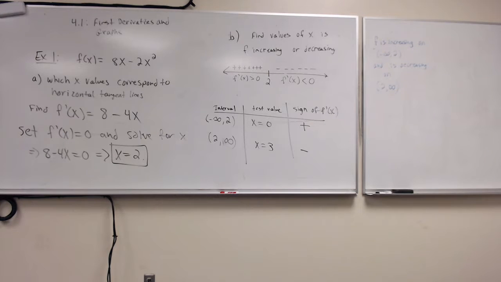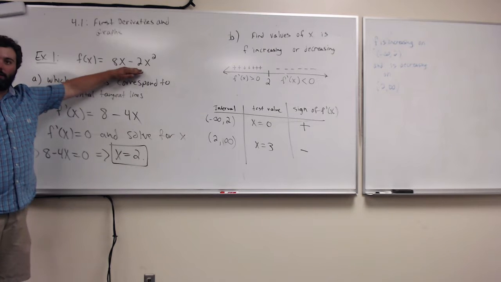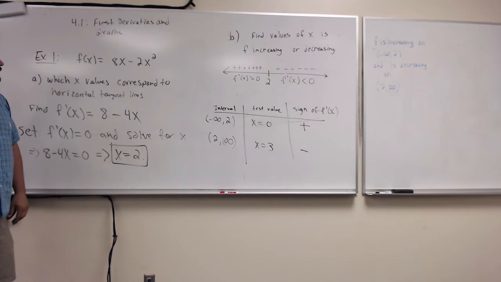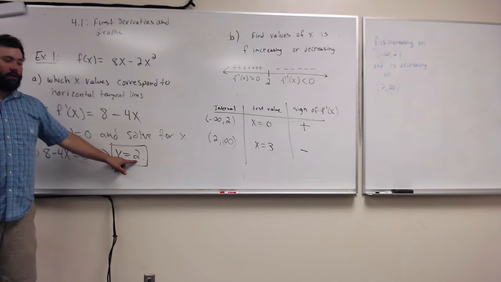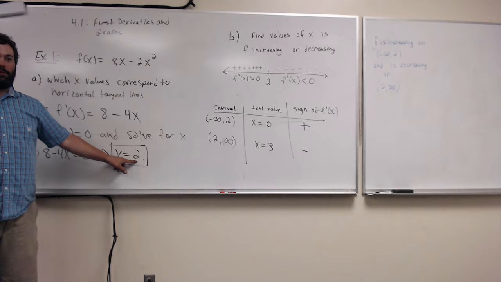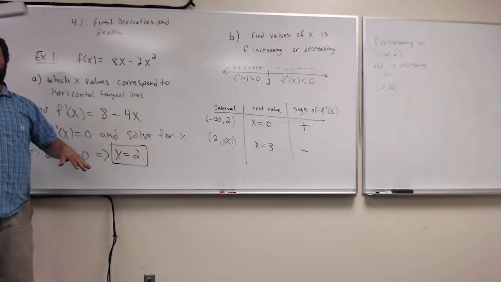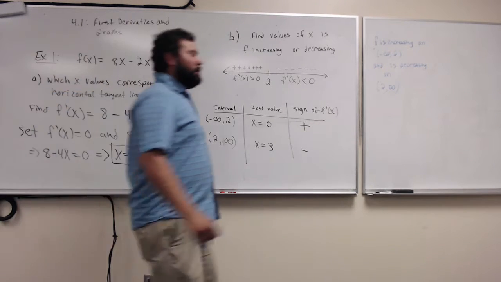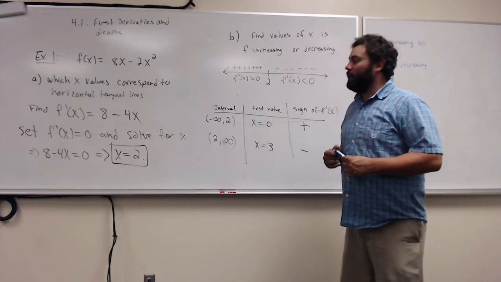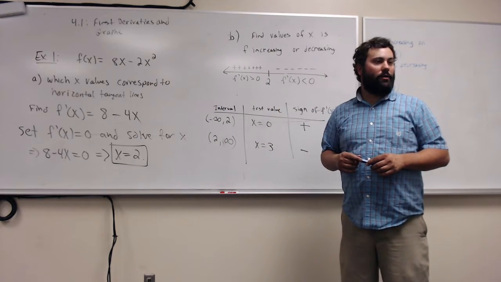So to the left of 2, the graph is going up. To the right of 2, the graph is going down. And then I can kind of sketch a graph. Our intuition tells me I know this is a quadratic. Okay. Where the tangent line is horizontal, that's actually where the vertex is going to be. That's going to be the highest or lowest point. Although, this is another thing that's going to come up later. How do I know if it's a highest or lowest point?